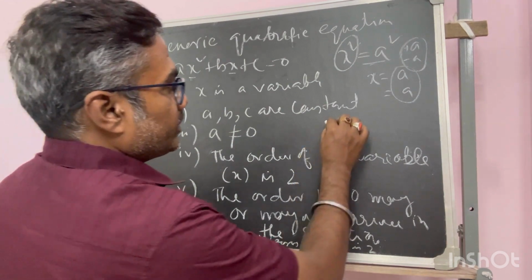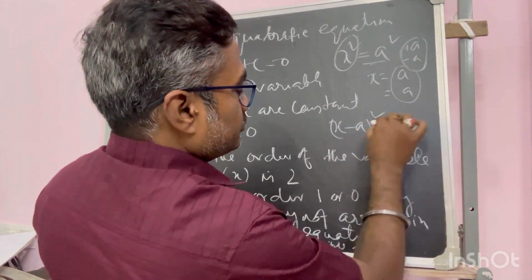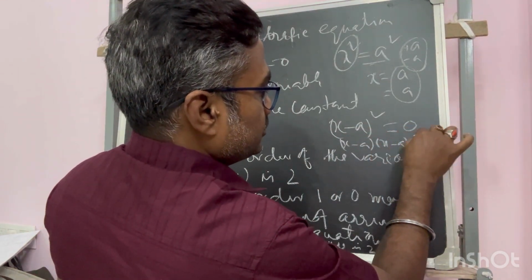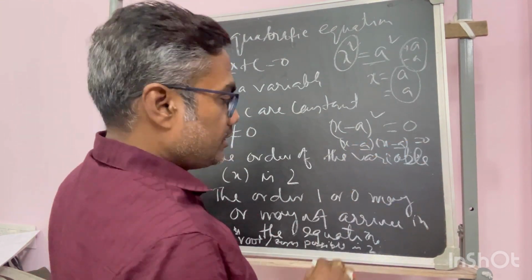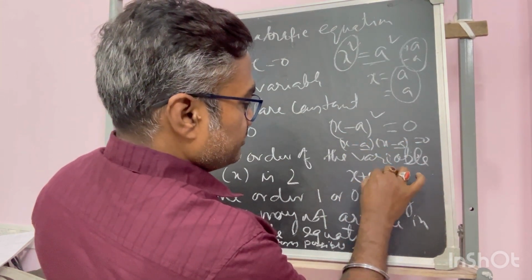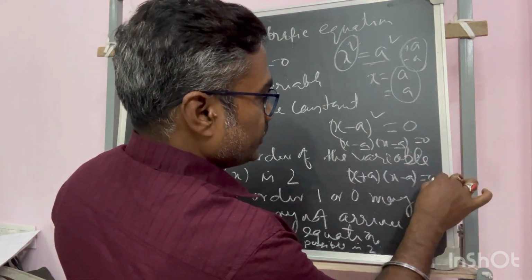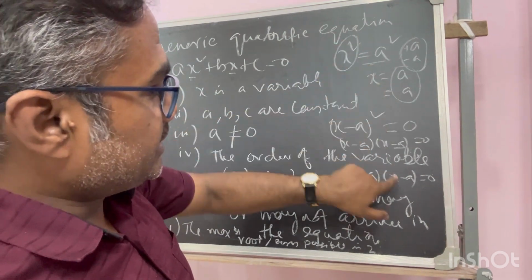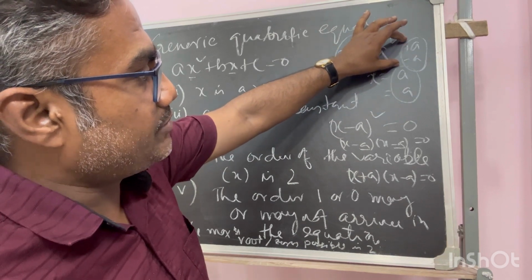Why am I saying this? x minus a whole square, that means x minus a into x minus a, is equal to 0. That will give you x is equal to a. So this is the case, this can be possible with plus a, minus a.